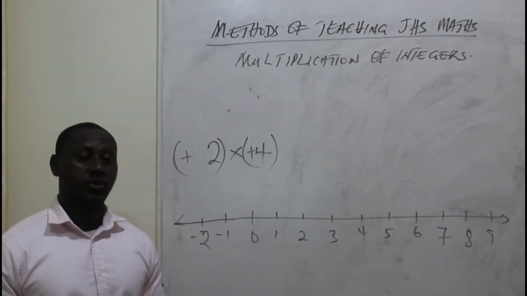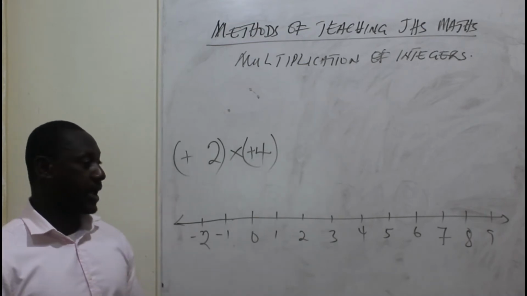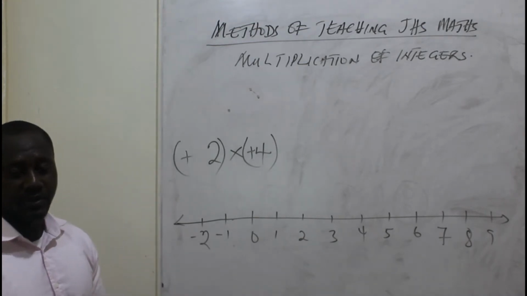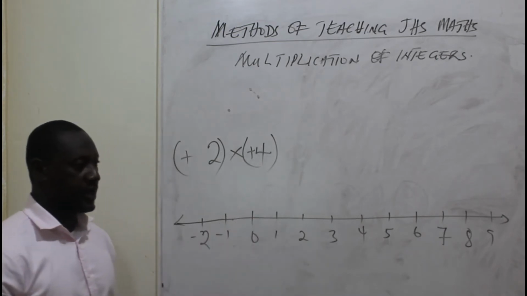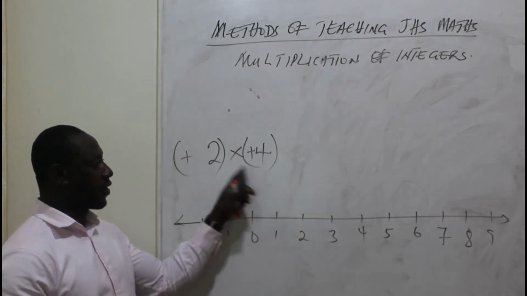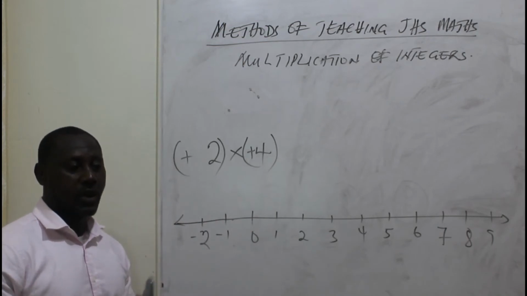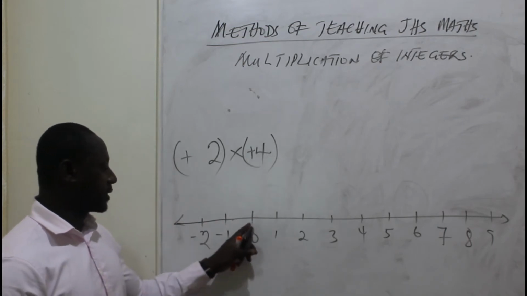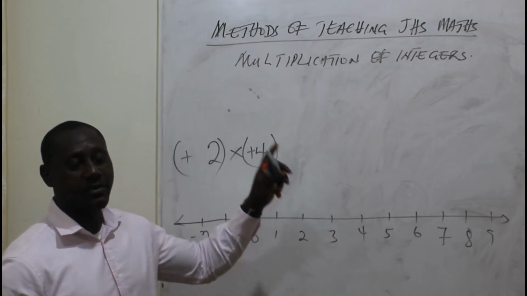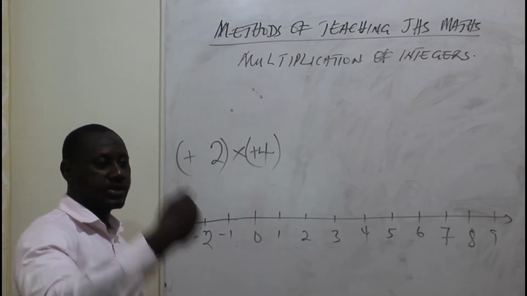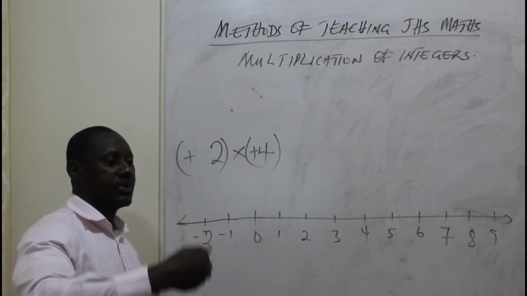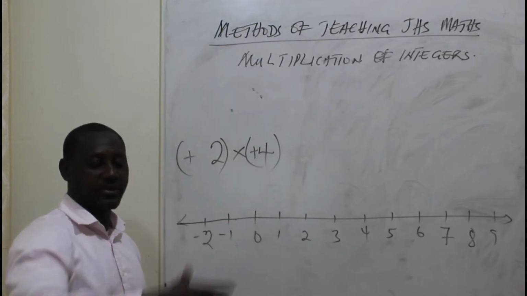So what we are going to do is that on the number line, once again we are going to start the journey from the 0. But look at this one, it is 4 groups of 2. So here we are going to start from the 0, but every movement we make, we are going to jump 2 steps, and we are going to jump 2 steps 4 times.